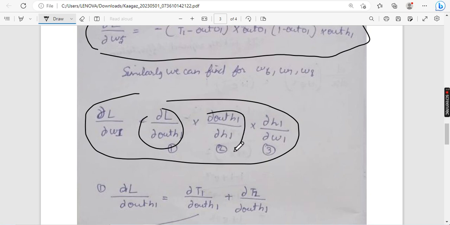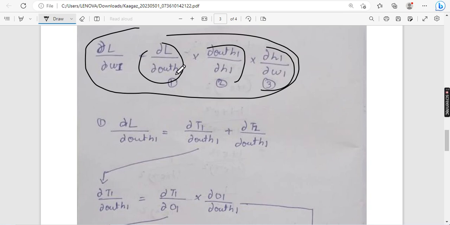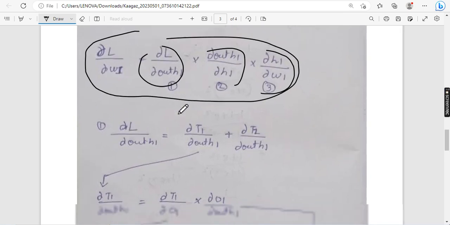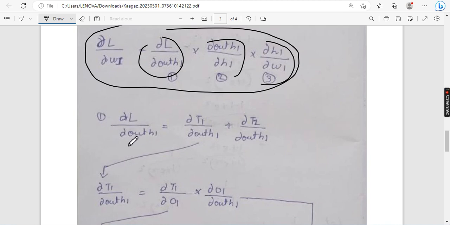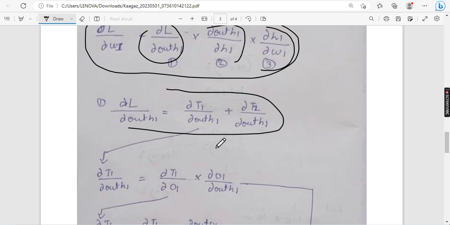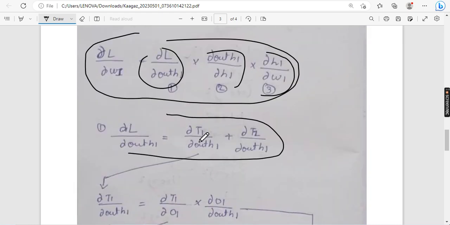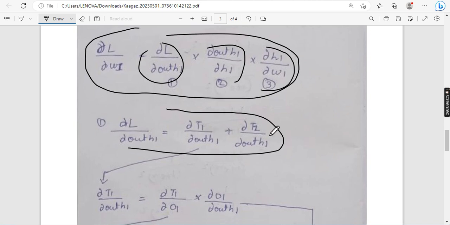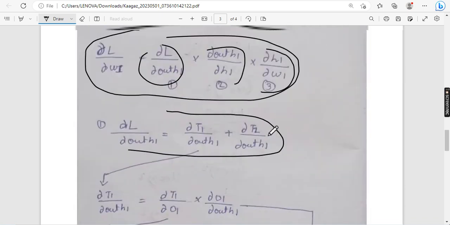So now let's compute for 1. We can't actually directly differentiate the loss function with respect to out of H1. So I am splitting this like this, okay? Observe this carefully, you will understand. I am splitting like this because I have told you that the loss function is the summation of the loss at one layer and the loss at another layer, which is T1 plus T2. That's why I have split it like this, right? I hope this makes sense. This is basic, this is common sense.